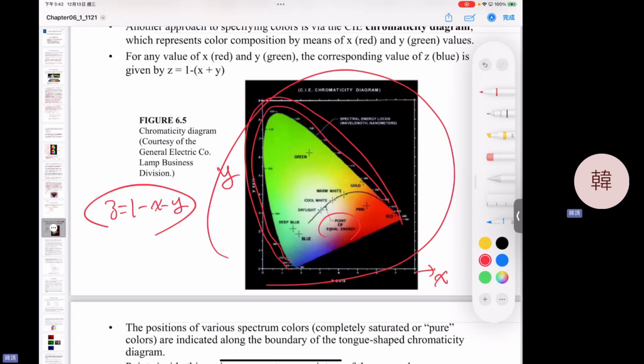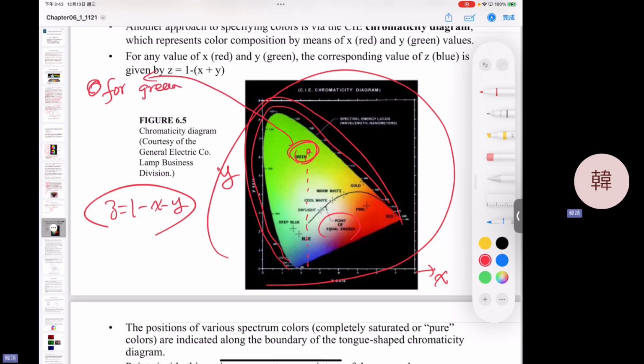If you want to look at green, where is the green? You can see the green, and then look at the x.